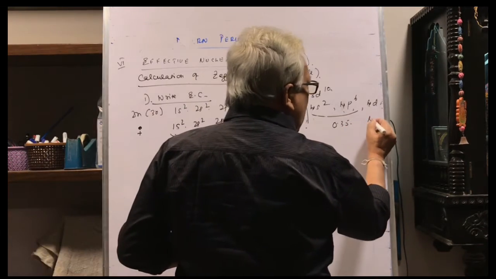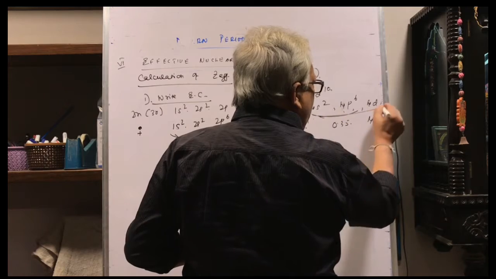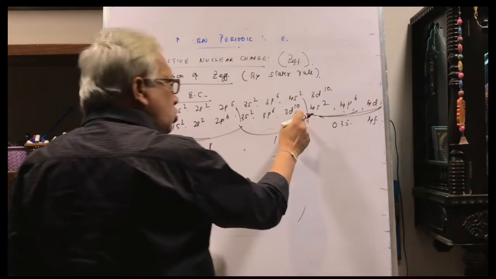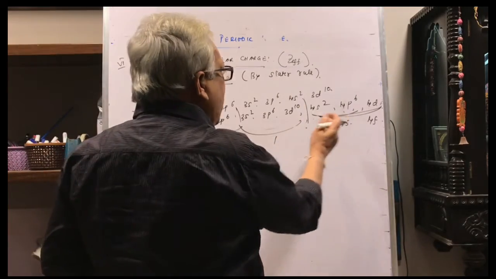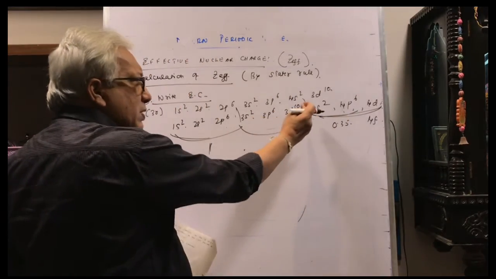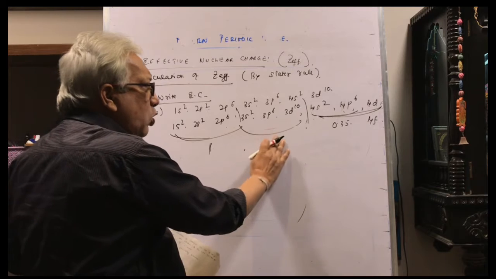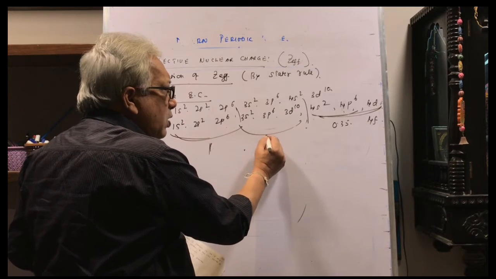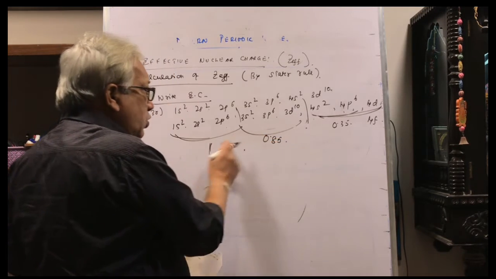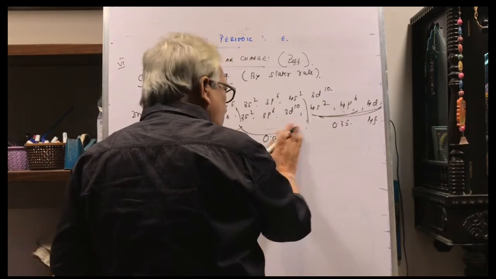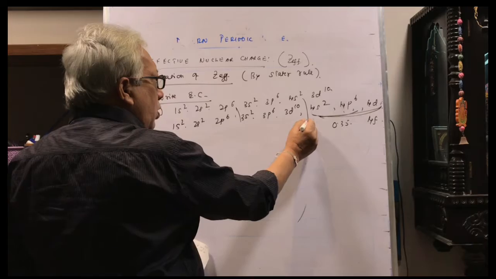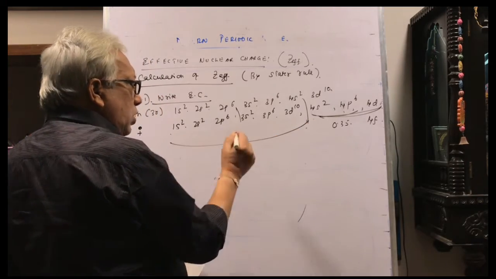If I am thinking of an electron of 4f, then all of the rest will be 0.35, this will be all 1, this will be all 1. So for S or P, the immediate inner shell will be causing 0.85, and उसके भी inner shell will be causing shielding of 1. But for D and F, from the immediate inner shell onwards everybody will be causing a shielding of 1.